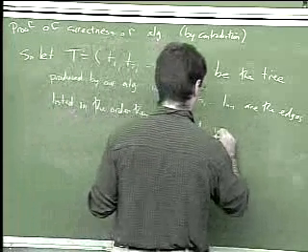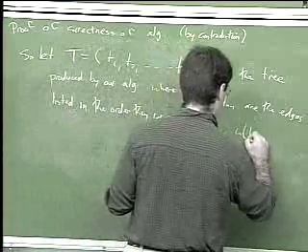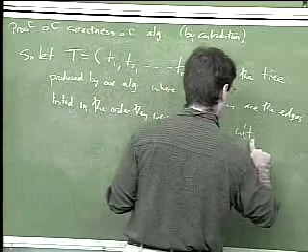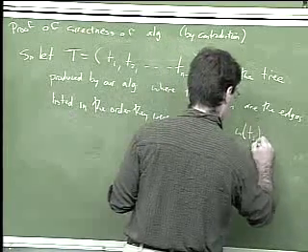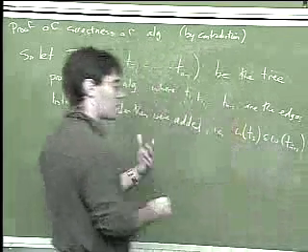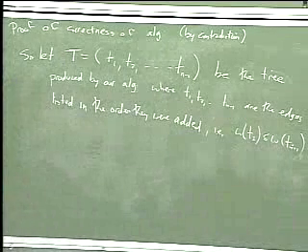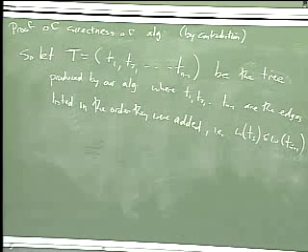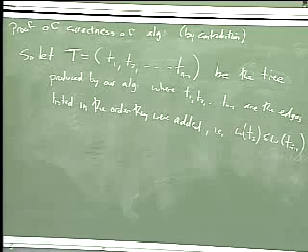Okay, in other words, the weight of T sub i is less than or equal to the weight of T sub i plus 1, right? Because every time we add another edge, the weight of that edge cannot go down, because we're always adding the smallest edges that we can, the lowest weighted edges that we can that don't form cycles, right?